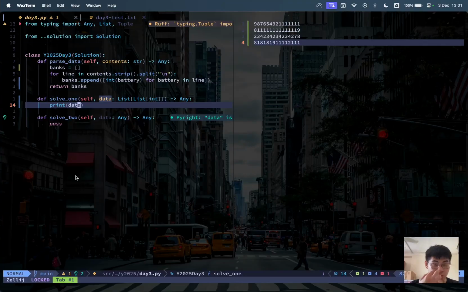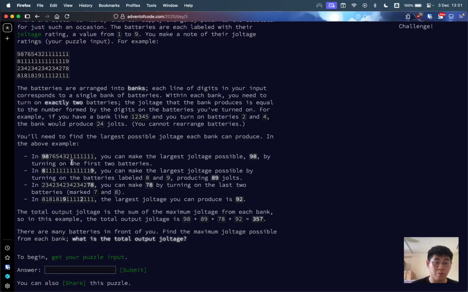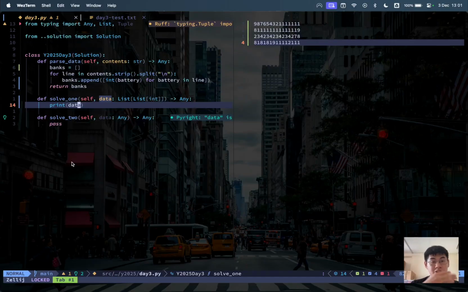Essentially what we want to do is some kind of greedy solution where we pick the largest first digit and the largest second digit where possible. There's a couple of corner cases. One of the corner cases I can think of immediately is that picking the largest digit at the very beginning doesn't always guarantee the largest number.